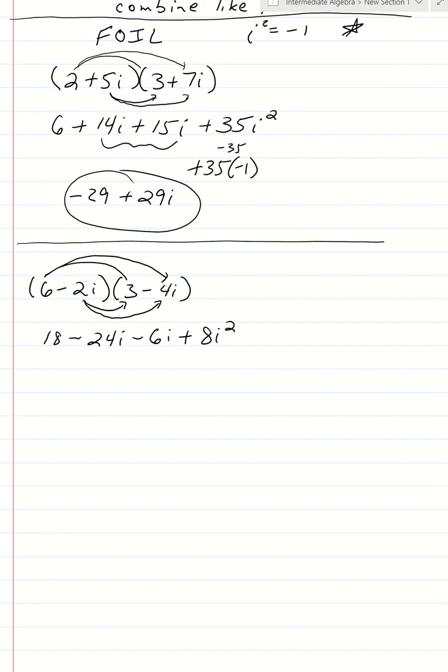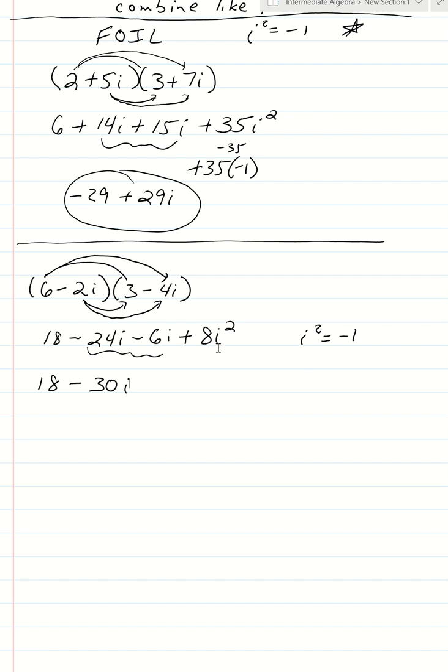Well, once again, we have to simplify. We're going to keep in mind that wherever we see an i squared, that's the same thing as a -1. They are equivalent. So now we're going to have the 18, the minus 24i minus the 6i. Those are your like terms, so that would be combined into a -30i.